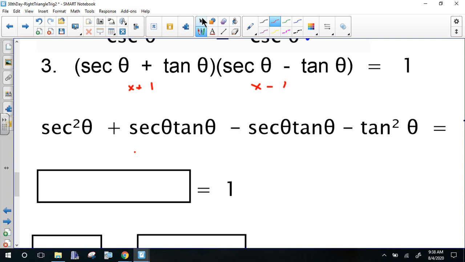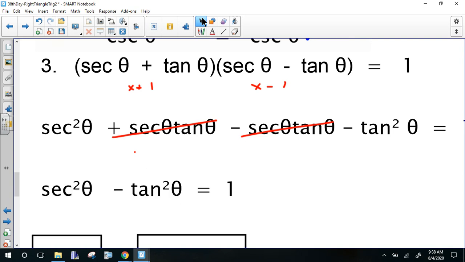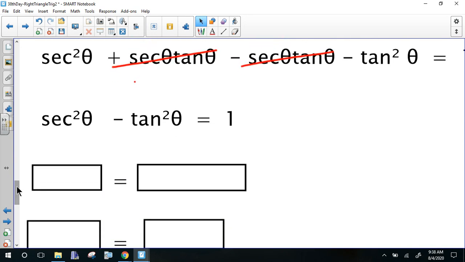What happens is you got a positive here and a negative here. They cancel each other out. So we end up with secant squared theta minus tangent squared theta. So we trimmed it down a little bit. And we want to substitute something for these two.